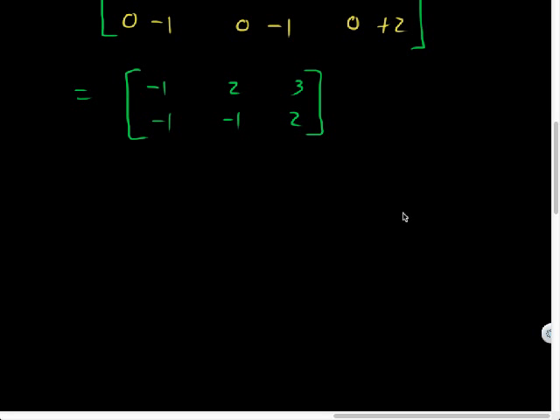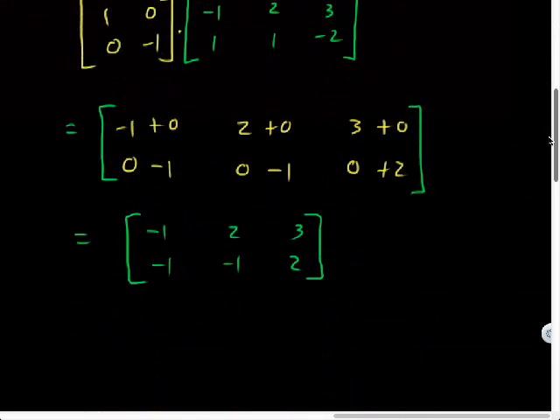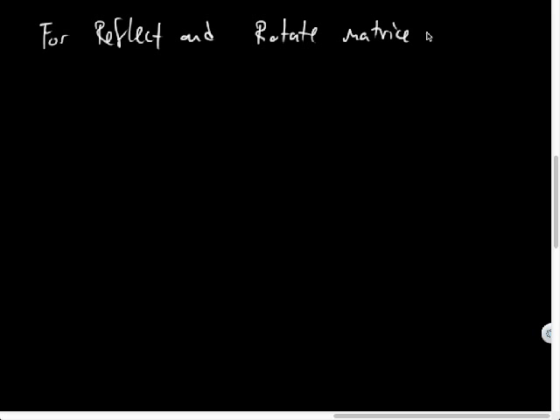And if you look at some other matrices, some other interesting behaviors happen. 0, 1, 1, 0 for the line y equals x. All that matrix is going to do is flip the x and the y. So you can use these matrices. One of the things I want to point out, an important note, is that for reflect and rotate matrices, always multiply on the left side.